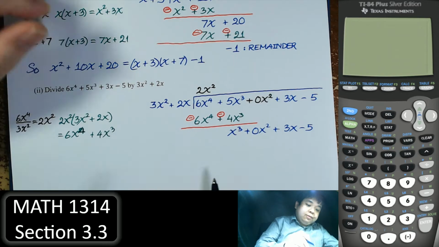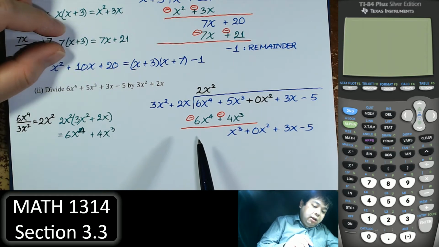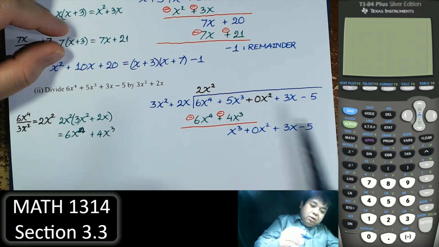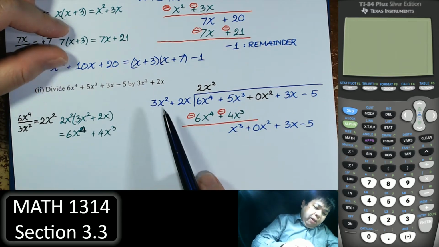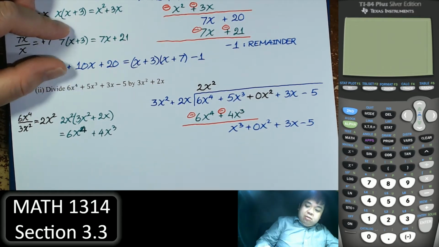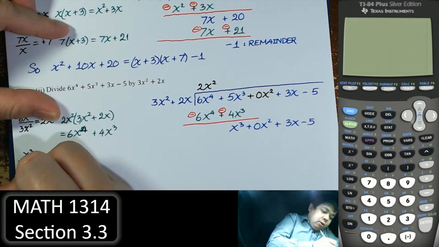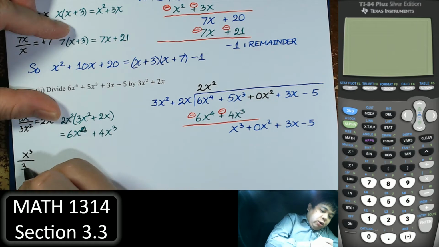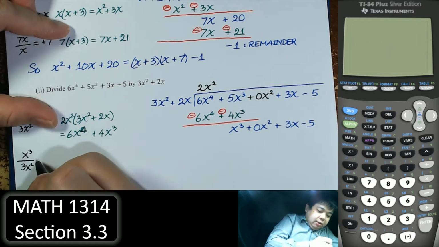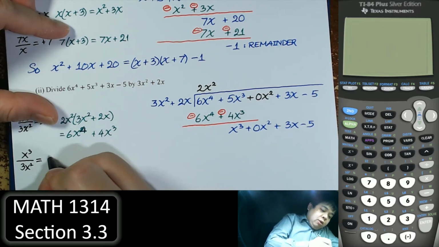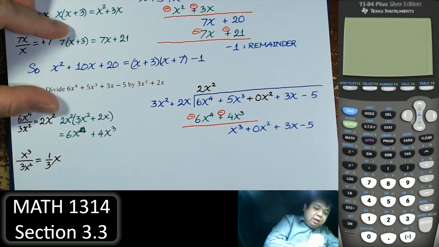Right. This should be minus, but anyway. So now we just divide the highest term again. X cubed divided by 3x squared gives us 1 over 3x.